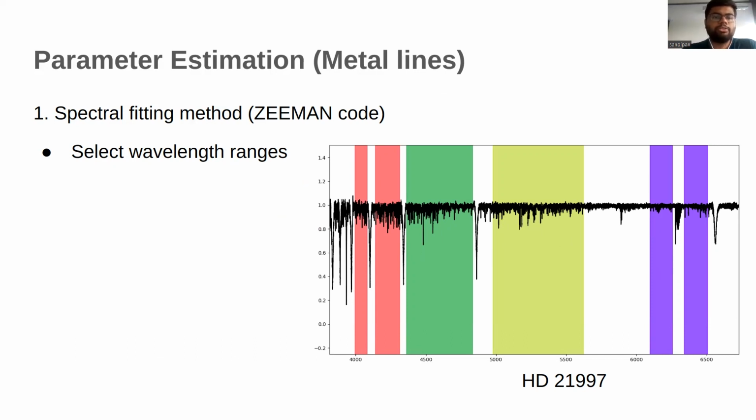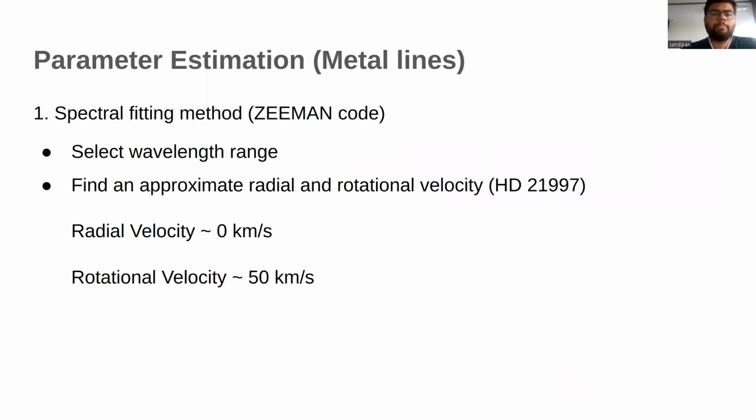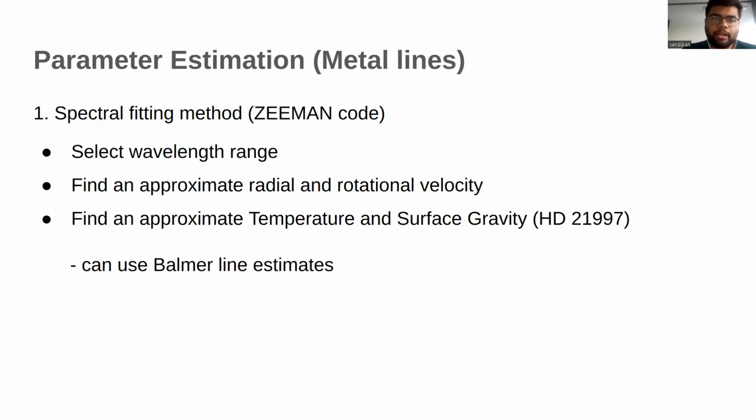So once you select those wavelength regions, you approximate the radial and rotational velocity of the star. In our case, the radial velocity was quite close to 0, and the rotational velocity was around 50 kilometers per second. And you also approximate the temperature and surface gravity. For that, we can use the Balmer line estimates that we previously measured.